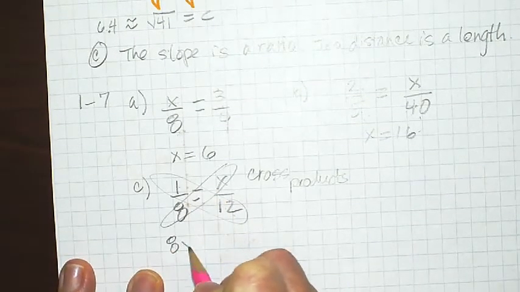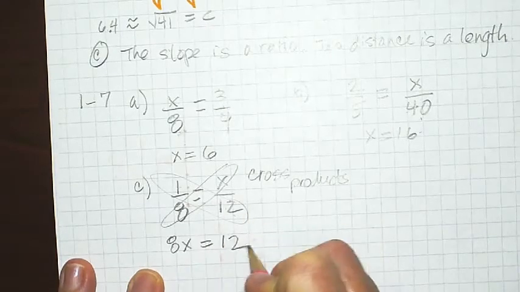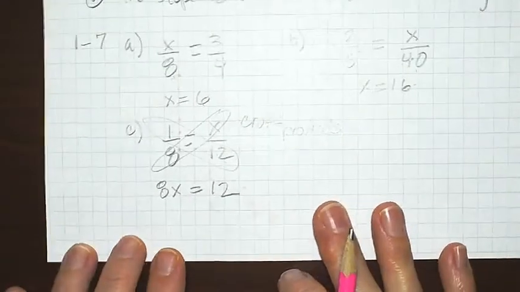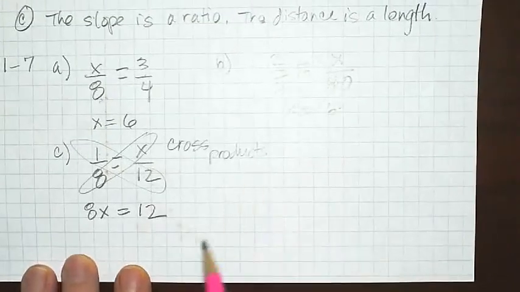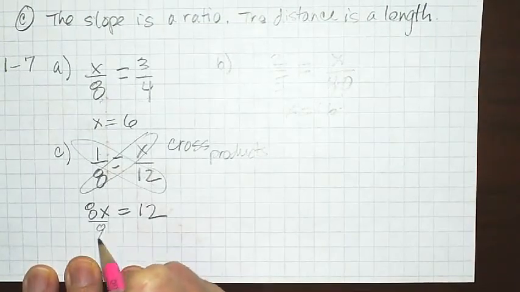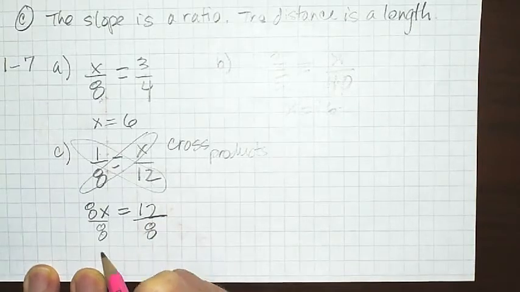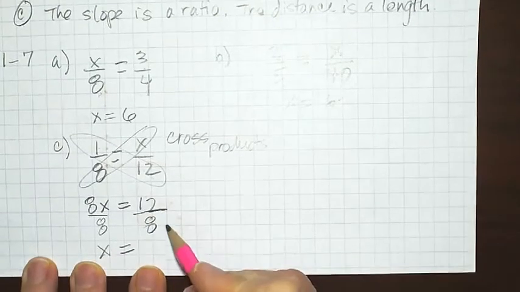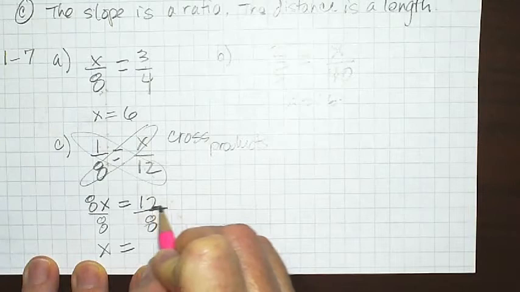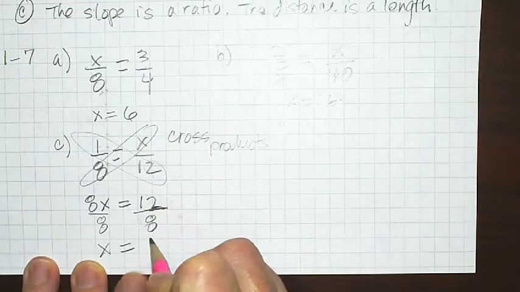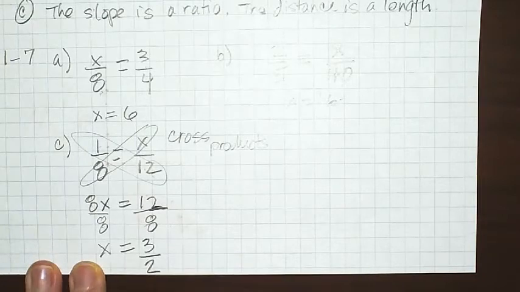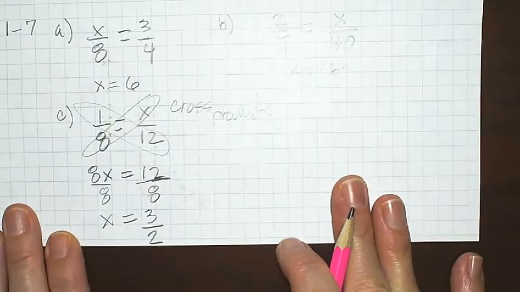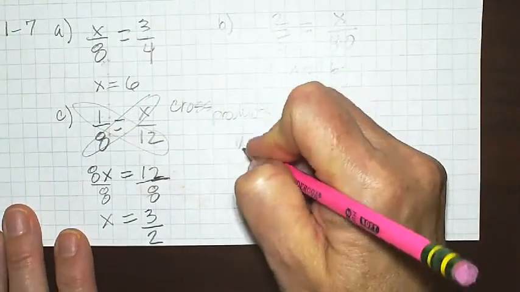That's why you cross multiply, and then you've got an equation with one variable missing. You're going to divide both sides by 8 to get x by itself. So x is 12 over 8, which reduces, since those are both divisible by 4. 12 divided by 4 is 3, and 8 divided by 4 is 2. So my final answer is 3 over 2, or 1.5.